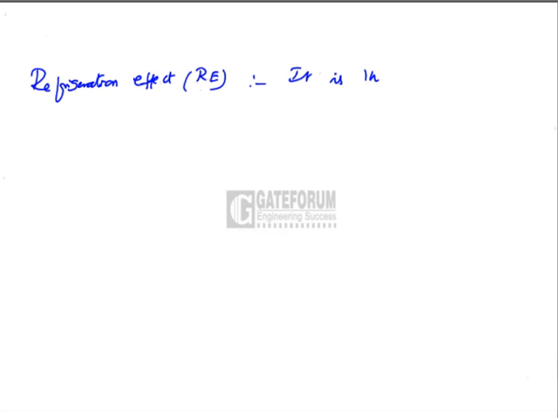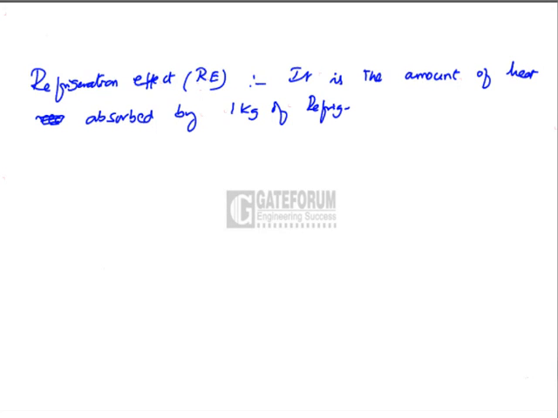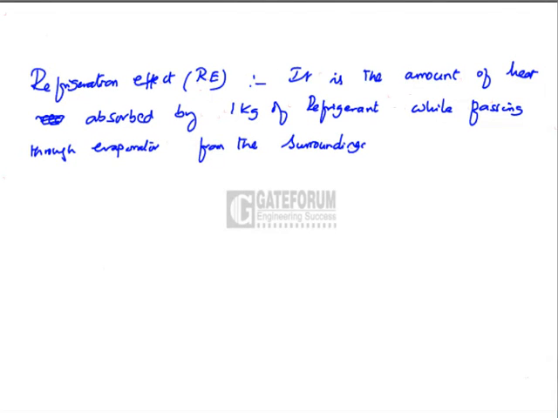It is the amount of heat absorbed by 1 kg of refrigerant while passing through the evaporator from the surroundings of the evaporator.